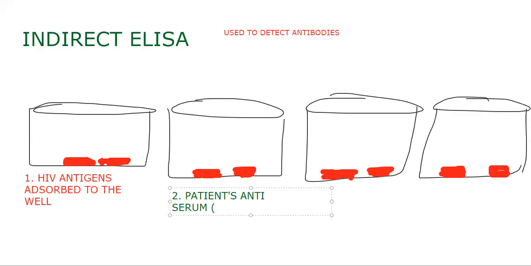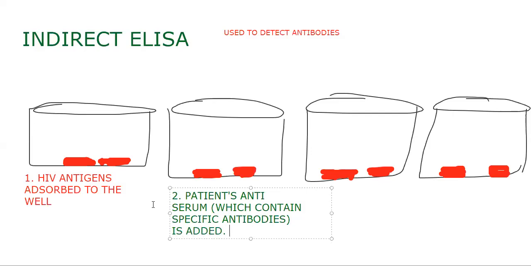Anti-serum means serum which contains specific antibodies against that particular antigen. If he is already infected, then the anti-serum containing antibodies will go and bind with that particular antigen.